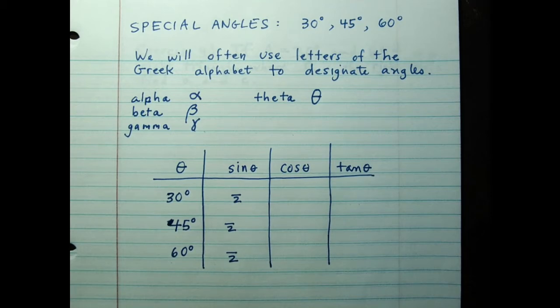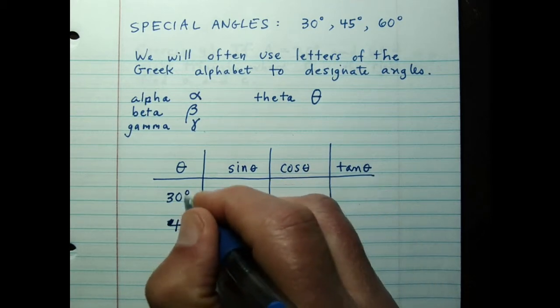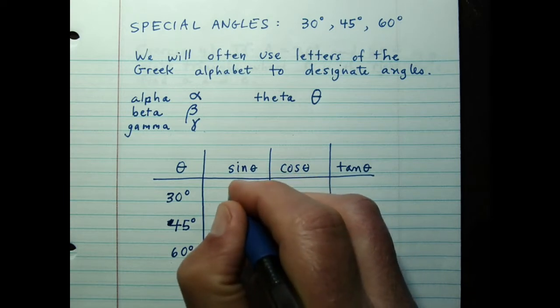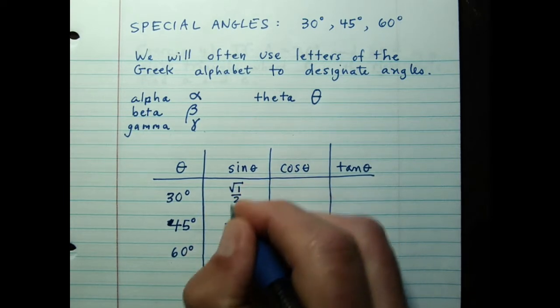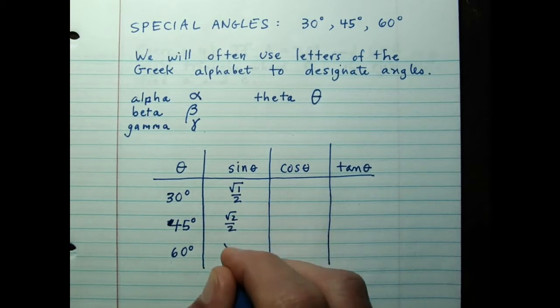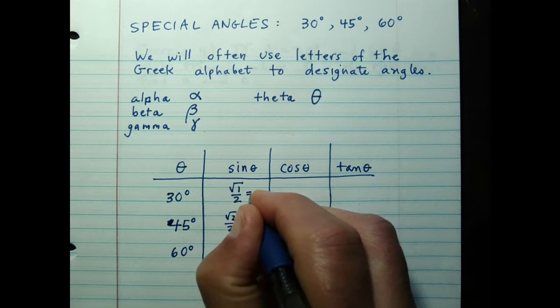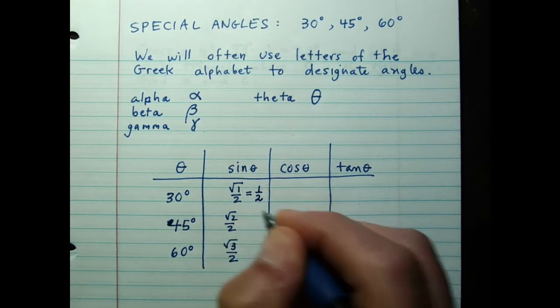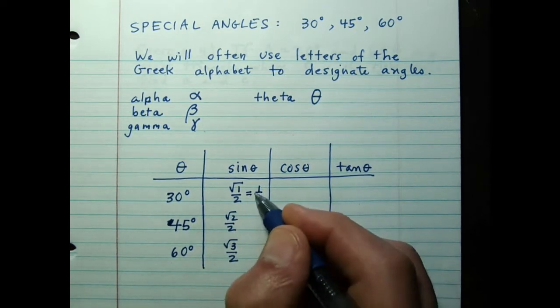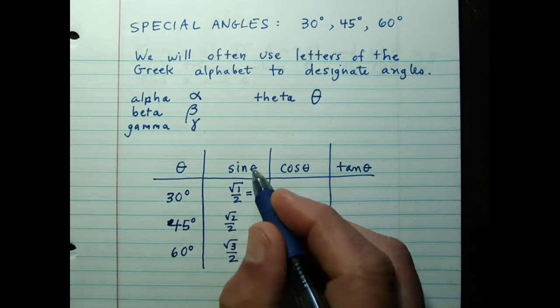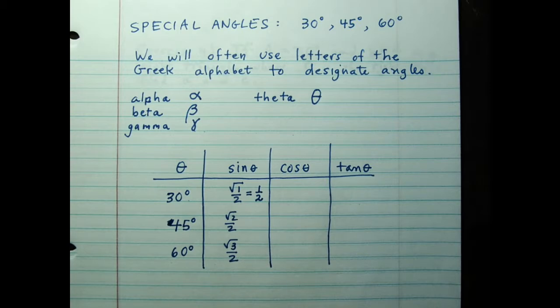And as long as you have 30, 45, 60 degrees in this order, the values of sine just have in the numerator square root of 1, square root of 2, square root of 3. Now you might say, wait, we didn't see square root of 1. Well, square root of 1 just is 1, so that's 1/2. So there's 1/2, square root of 2 over 2, square root of 3 over 2, which are the values of sine for 30, 45, and 60 degrees. It's very easy to memorize that little trick.